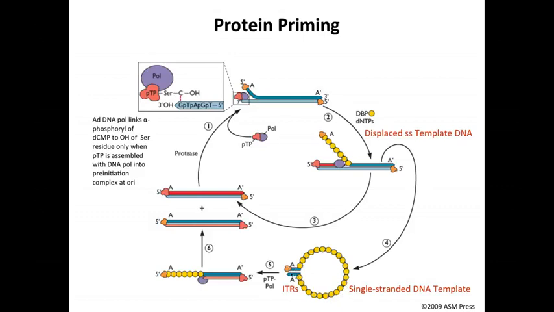And what do you think? That can serve as a primer for DNA synthesis. So the polymerase will come on to the 3' end right here. This double-stranded structure looks very much like one origin of viral DNA.